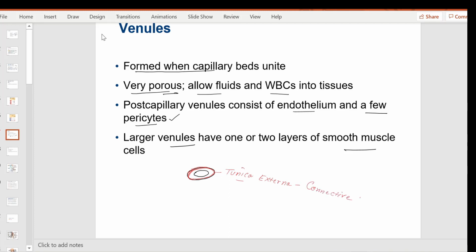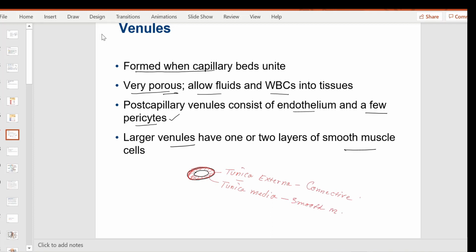Okay, and then the middle layer is really thick compared to the outer and inner layer. The middle layer is thicker and formed by smooth muscle, and that is called the tunica media, which is smooth muscle.